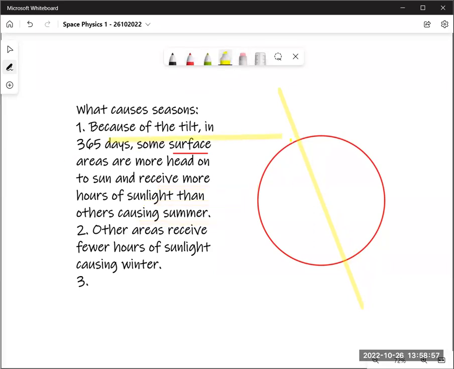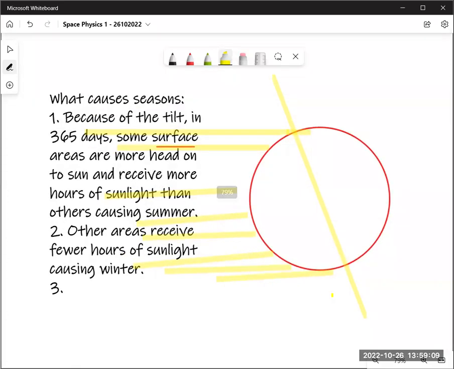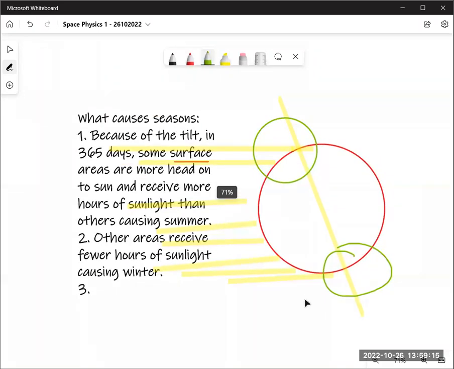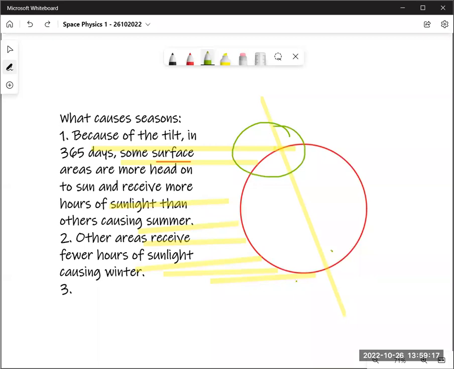We have this side, this side, this side. Can you tell me which side is getting more sunlight? This point or this point? Point A or B?